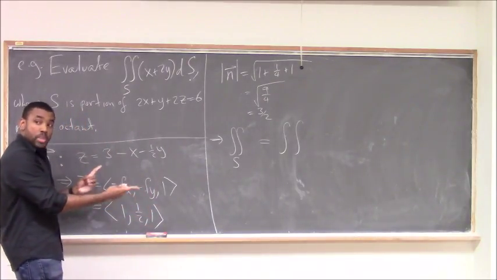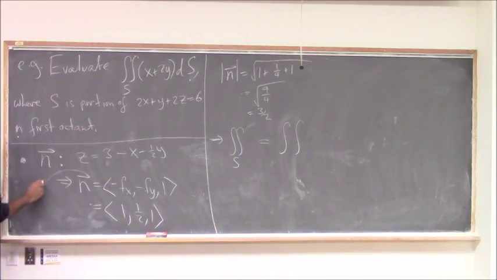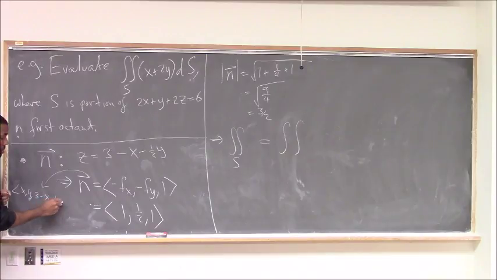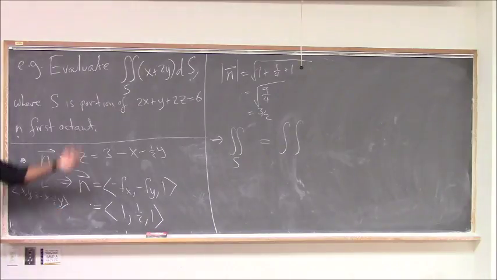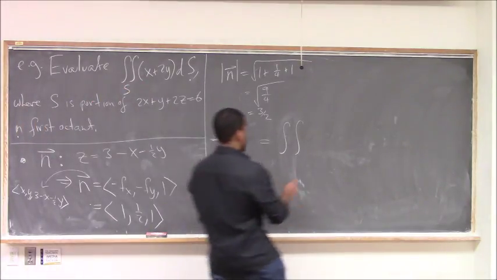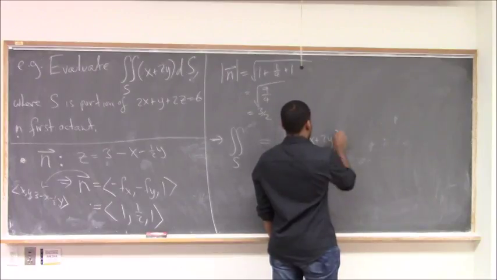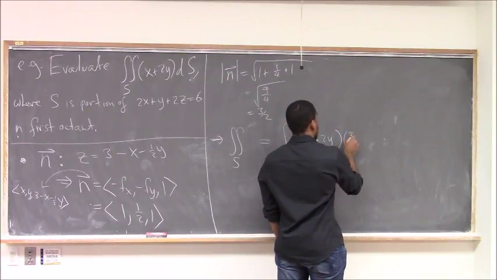Assuming this formula means I'm thinking of the parameterization as x, y, and f of x, y. That's implied, which means x and y are themselves. I don't have a z, so I don't even have to worry about it. So I'm literally integrating that expression times 3 over 2.